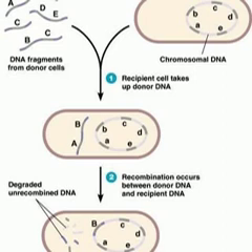Whatever piece of bacterial DNA happens to get packaged within the phage is the genetic material that will be transferred between cells. In specialized transduction, on the other hand, only certain bacterial genes can be transferred.